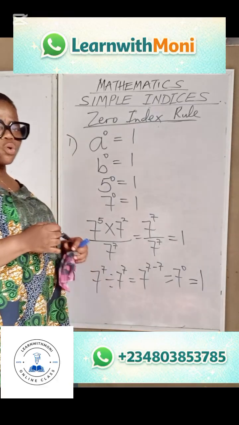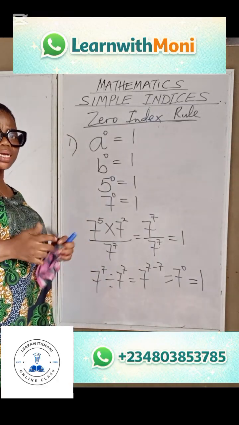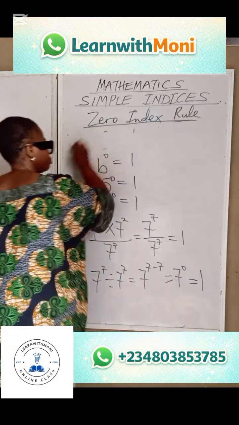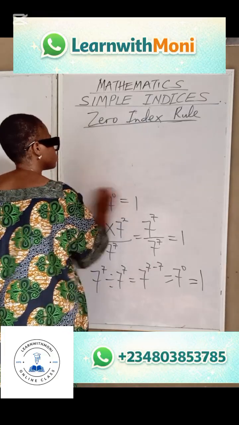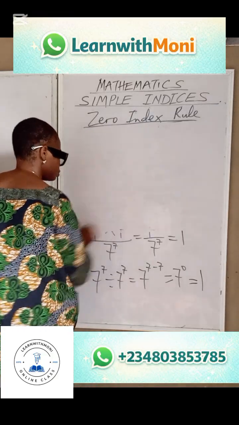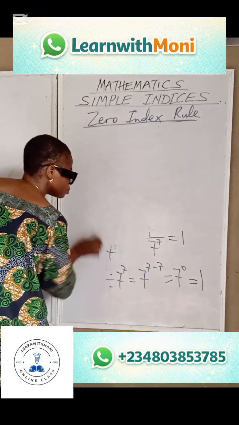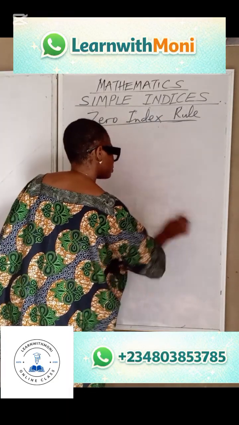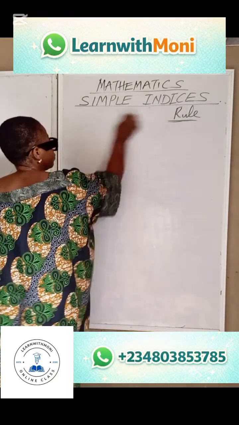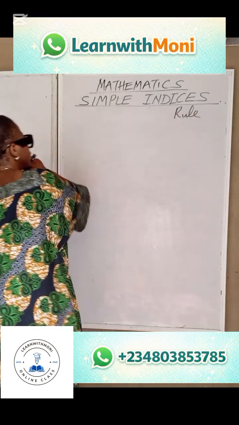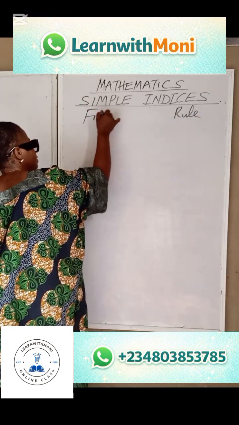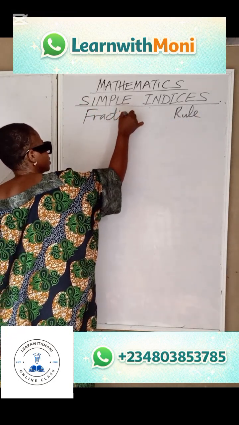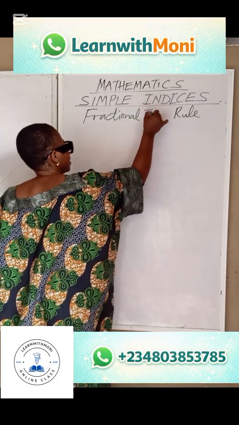There is another rule we call the fractional index rule, where the power, the index, the exponent you have is a fraction.